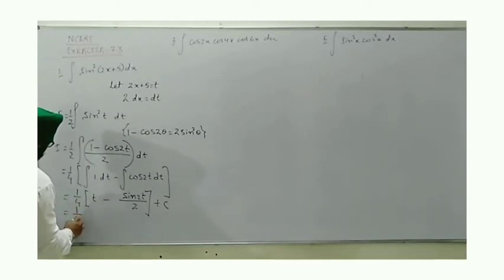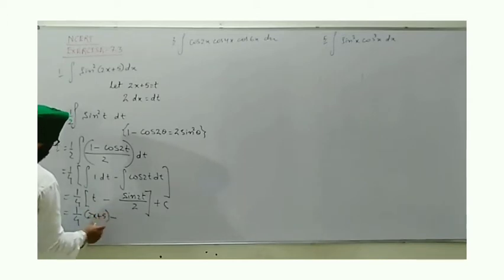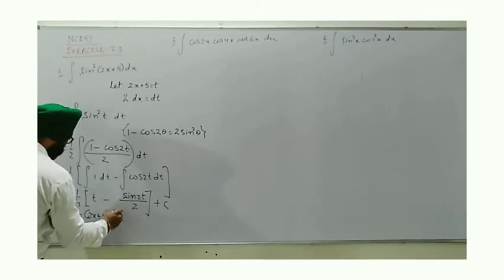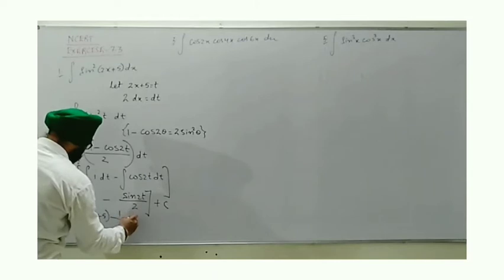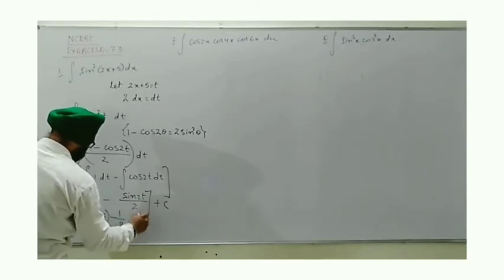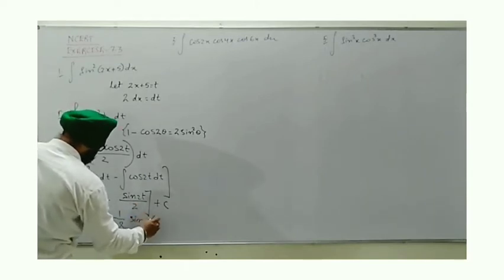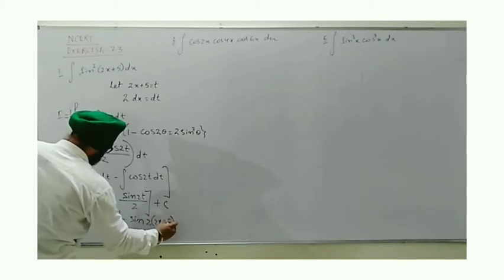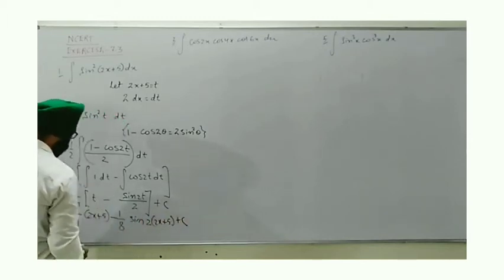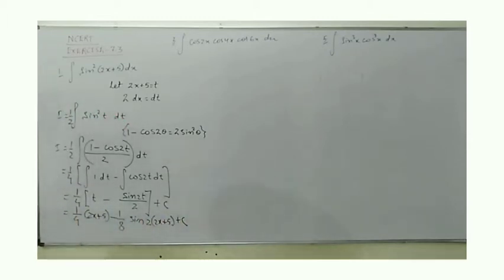We get 1 by 4 into 2x plus 5 minus 1 by 4 into 2, that is 1 by 8, sine of twice 2x plus 5 plus c. So this way we have integrated the given function.